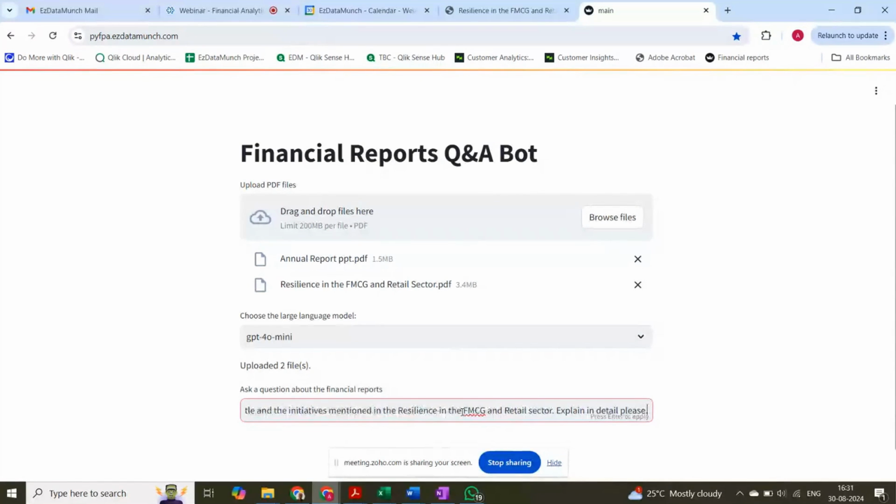What I've said is there's sustainability within Nestle and there's sustainability inside the second document. I just want you to compare and tell me what you can notice about sustainability in these two documents.